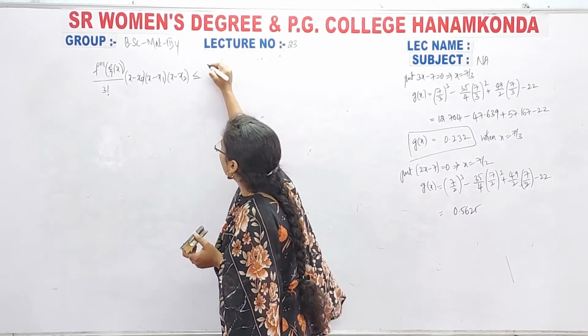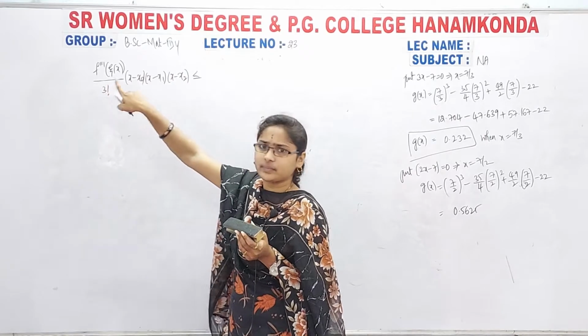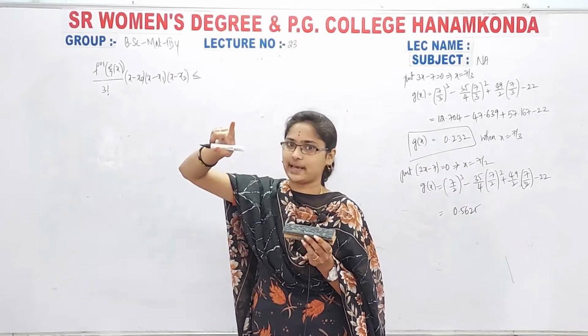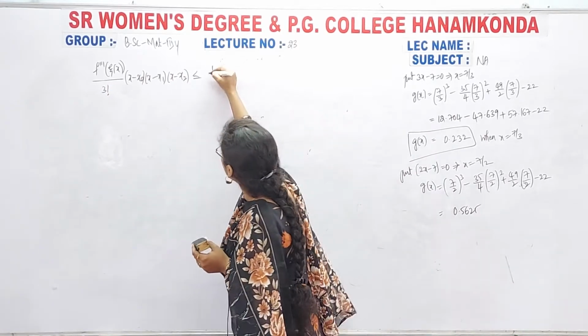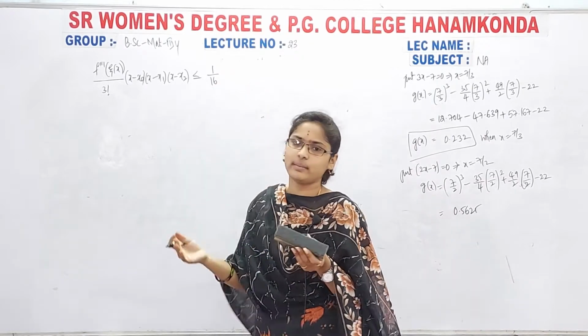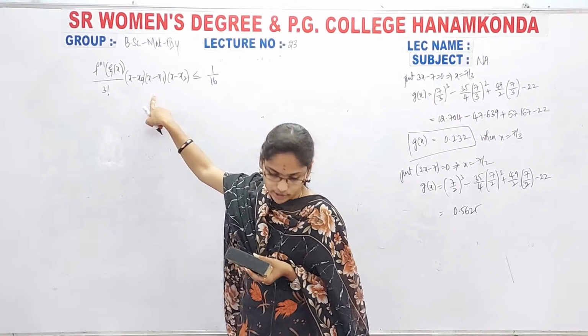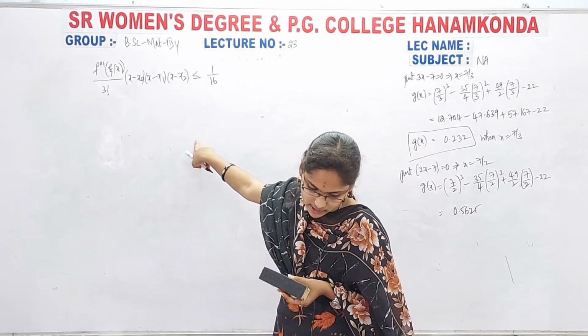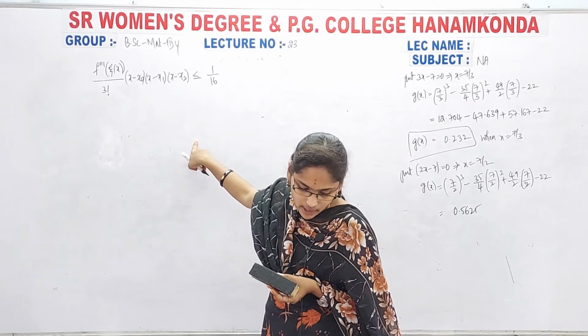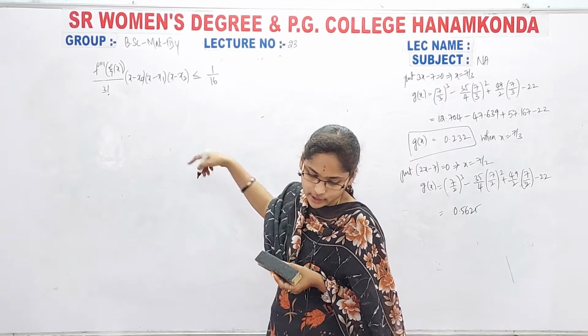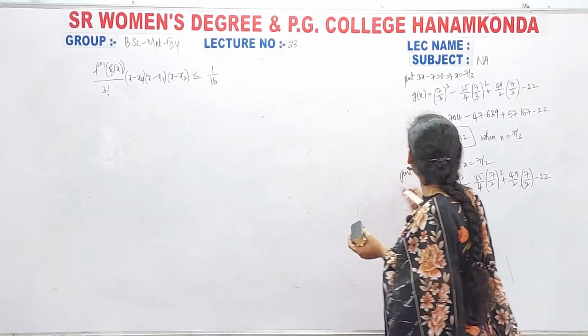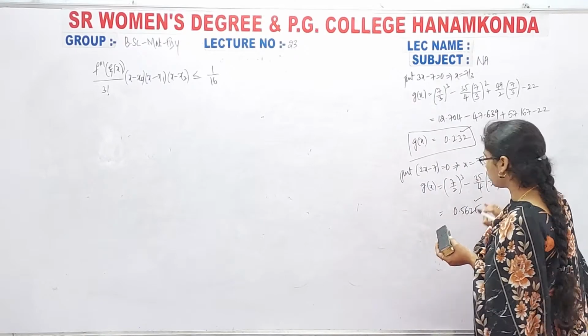Okay. So now here what we have is nothing but we calculated the maximum value, right? So I am taking the maximum only. Okay, the maximum error I am discussing. And next x minus x naught into x minus x1 into x minus x2 we have. So here I am taking that we can take in any way, and here we have 0.232 and 0.5625.